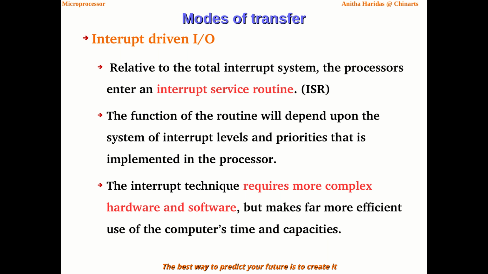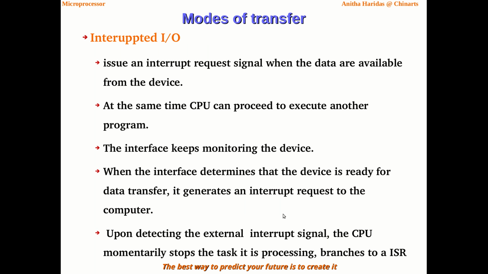At the same time, it will be waiting for the input output device to send the signal. So during the execution of another program, the CPU will wait for the interrupt. If there is an interrupt coming from the input output device, it suspends its execution and branches to the interrupt service routine.